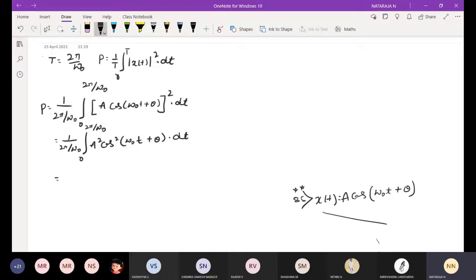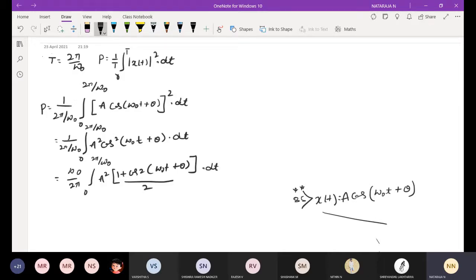This is 1 over 2 pi by omega naught. We can write omega naught by 2 pi, integral from 0 to 2 pi by omega naught. Here we have a square into, what is the formula for cos square of omega naught t plus theta? 1 plus cos 2 into omega naught t plus theta, divided by 2, into dt.